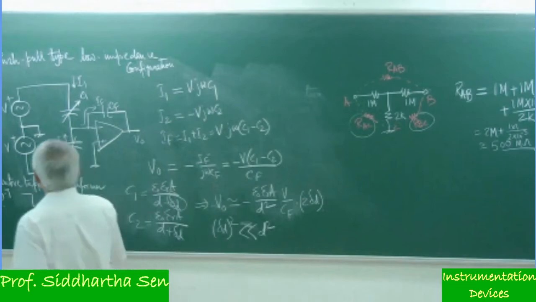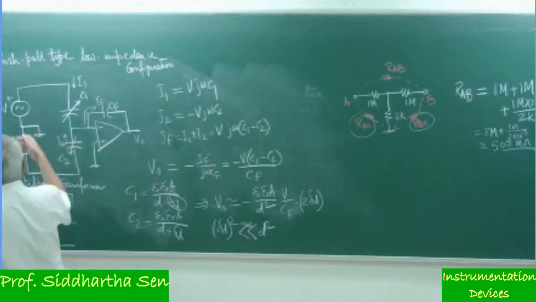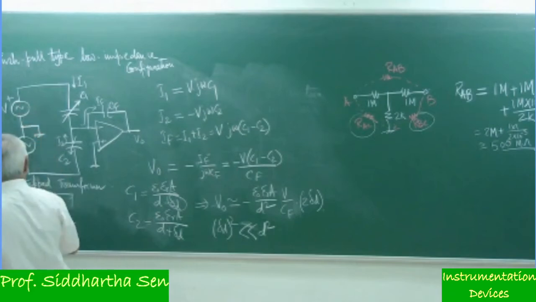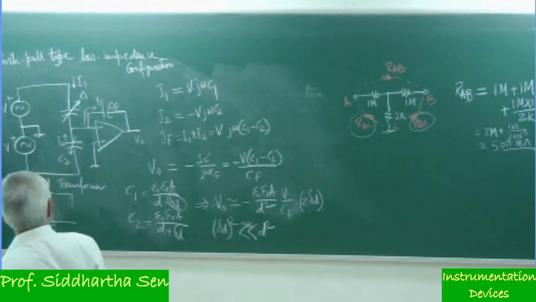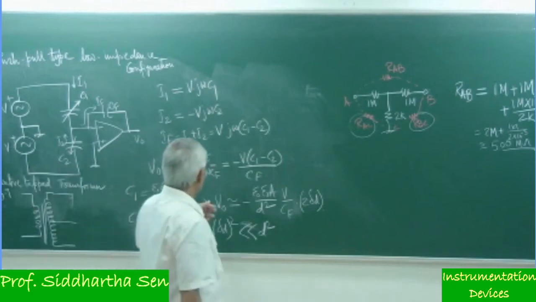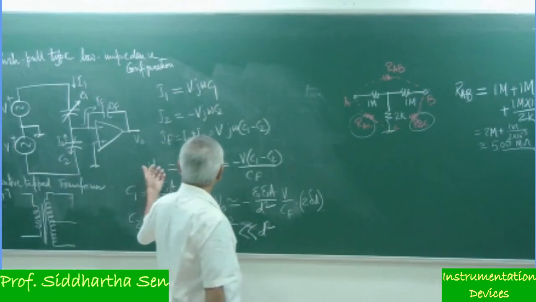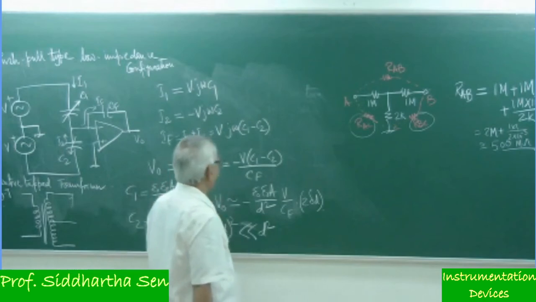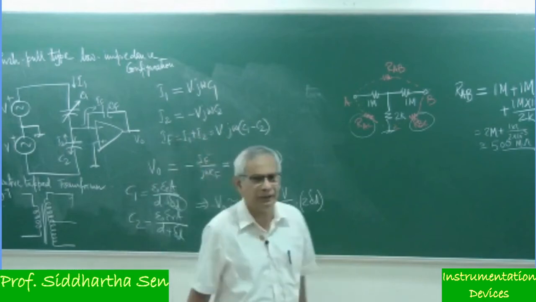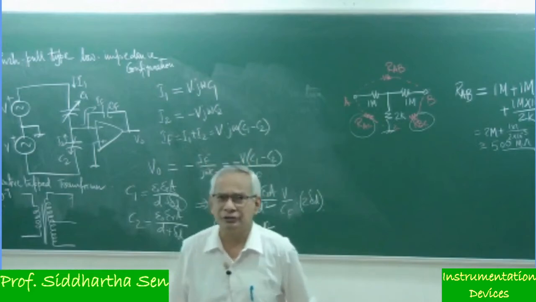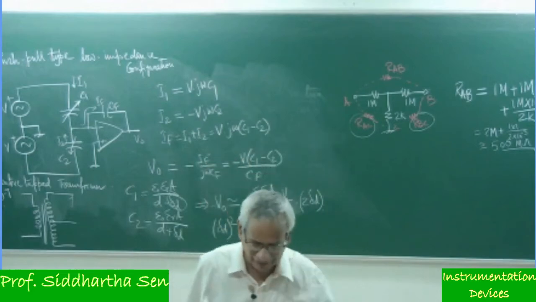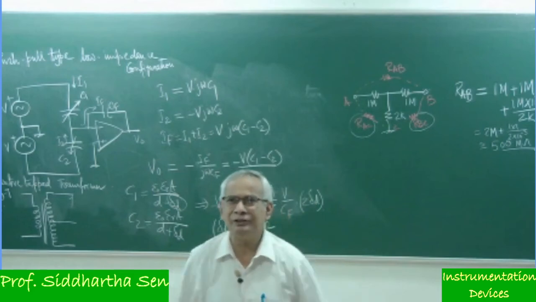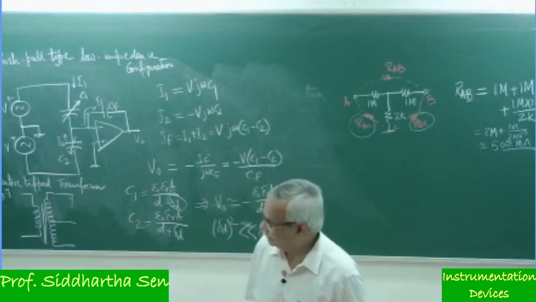One more thing we have seen is that the AC voltage, we can obtain these two sources by using a center tapped transformer here. But interestingly, this expression of the output voltage is not dependent upon the frequency. So naturally any frequency we can use.